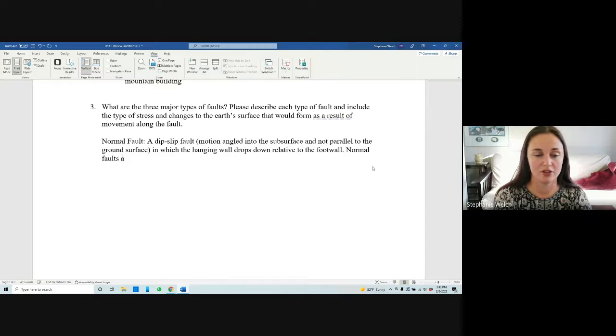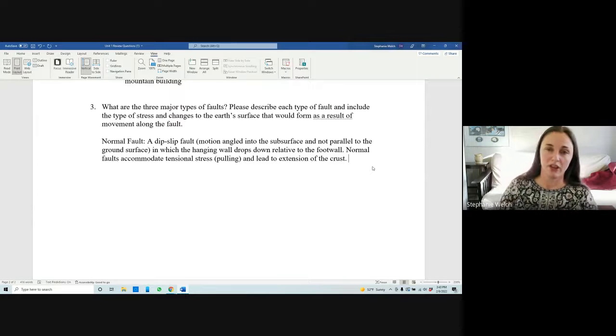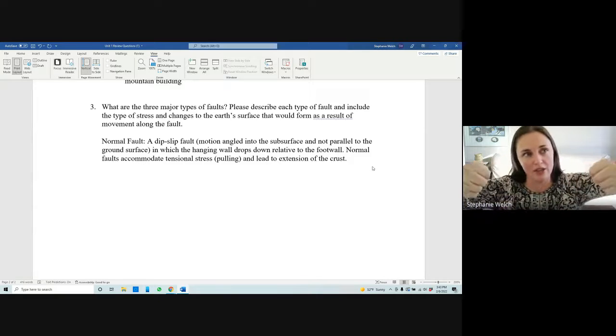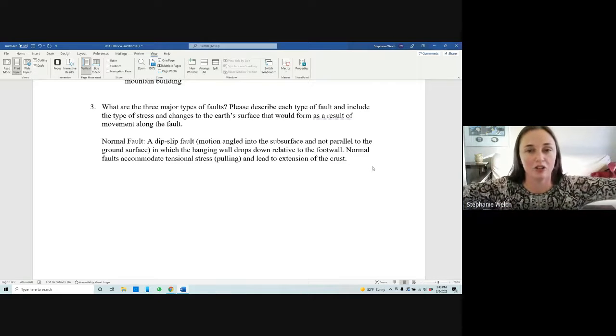Normal faults accommodate tensional stress. It's a pulling stress, and leads to extension of the crust. So if your fault is angled and you have motion along that break, then what you're ultimately doing is pulling the Earth's crust longer.